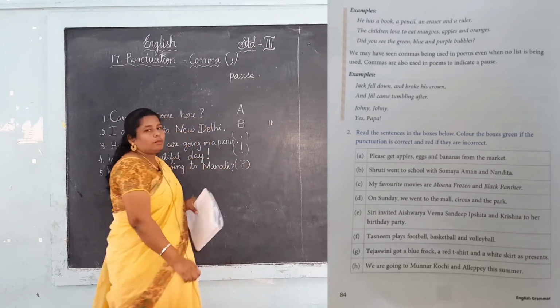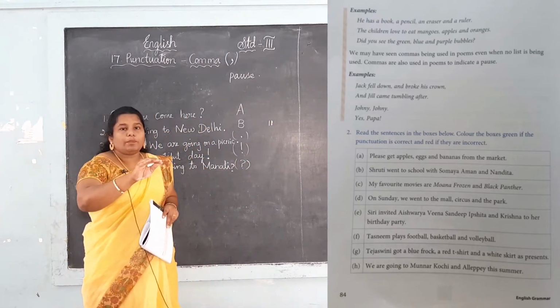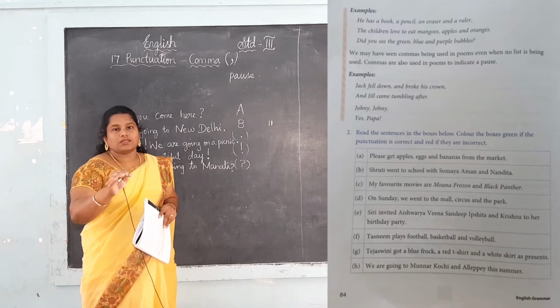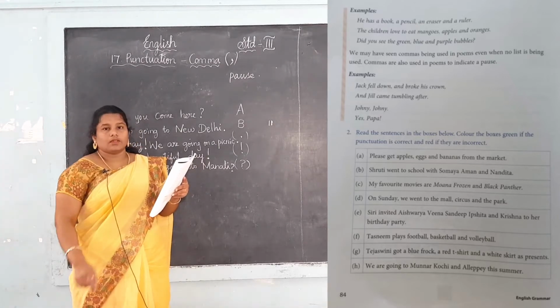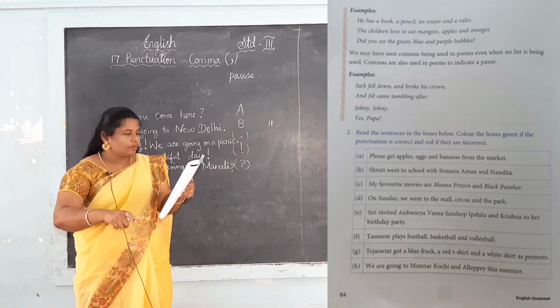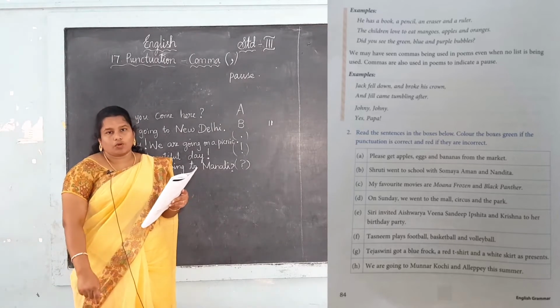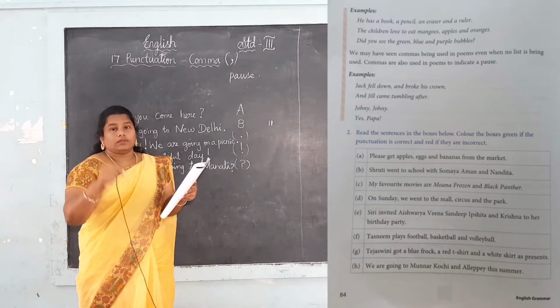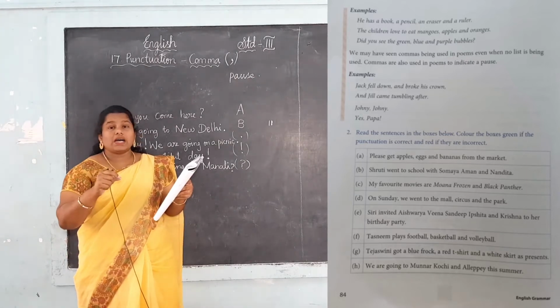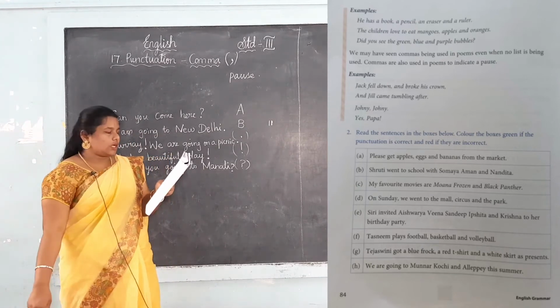Yes. Pause means stopping for a little while and then starting the next. Okay, pause. So, see here, Jack fell down. So, I am pausing here. Then, and broke his crown. Yes. So, see here, in the pause we want to use comma.